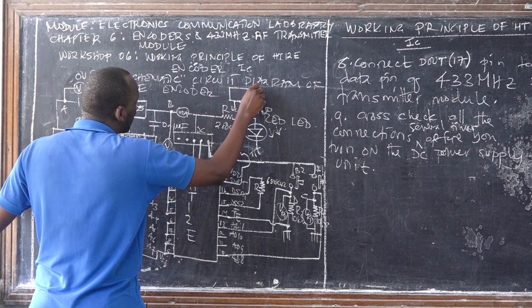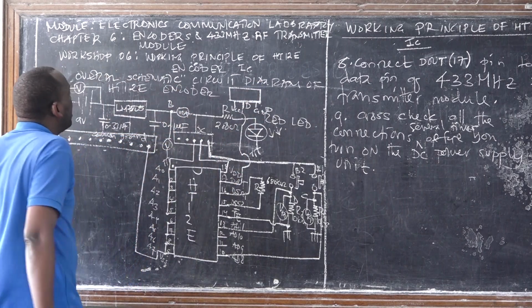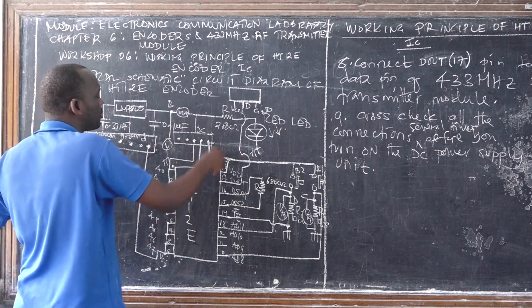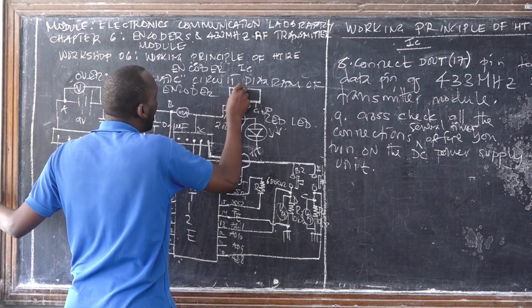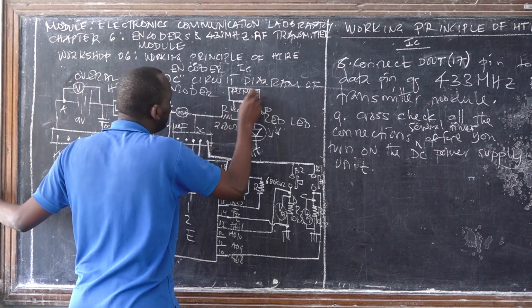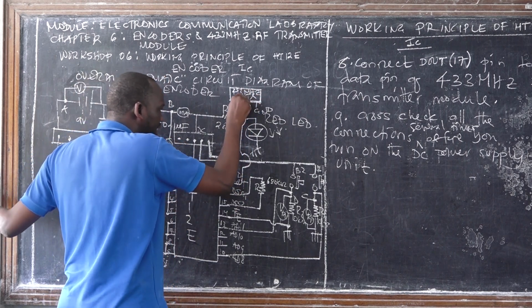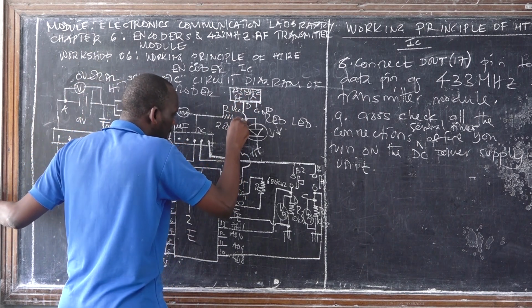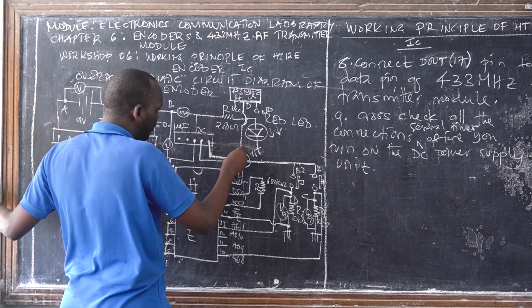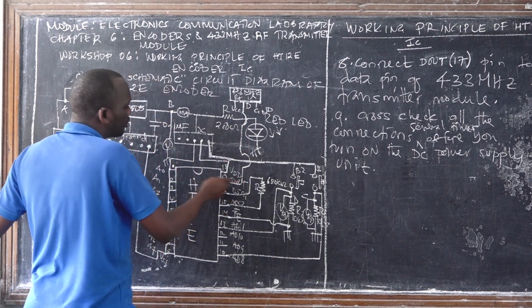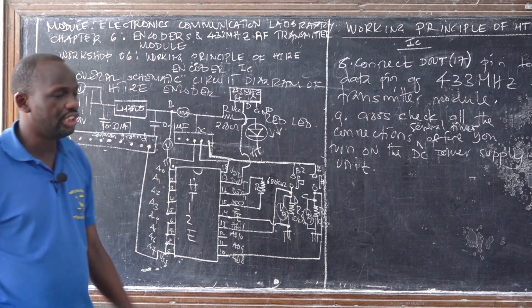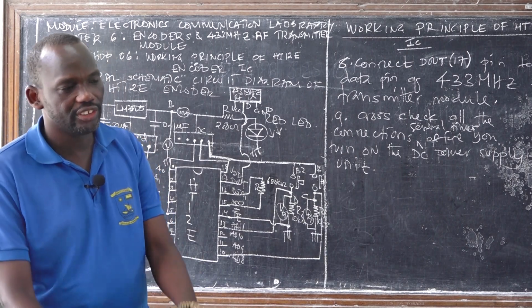Forget about that because we'll discuss it in workshop 7. So this is called the 433 megahertz RF transmitter. Connect the data pin of the 433 megahertz RF transmitter with the data pin of the HT12E encoder integrated circuit.